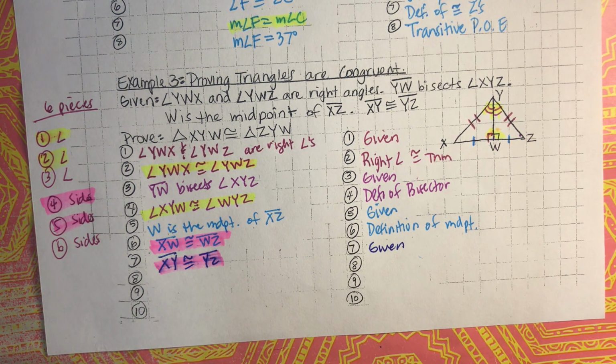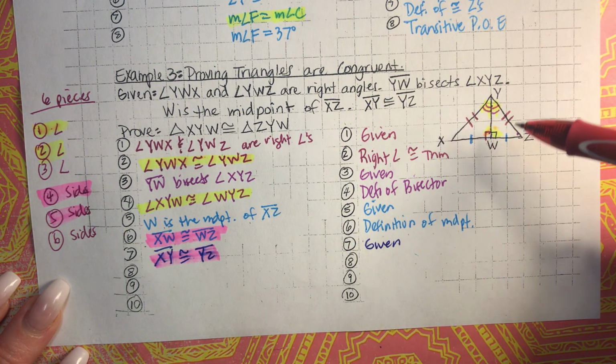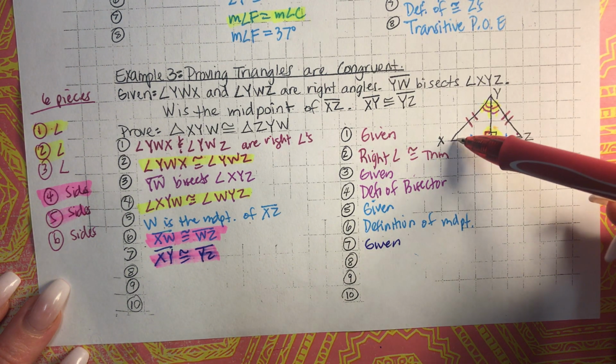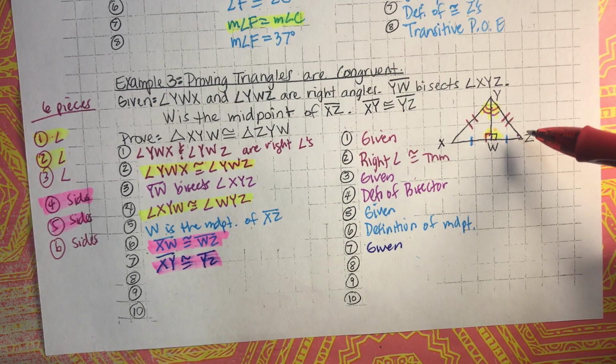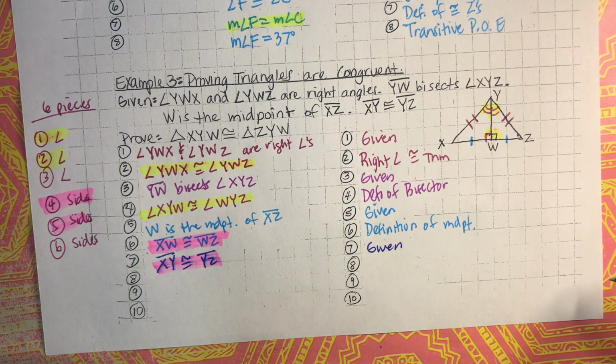Let's look at it here. What do we see? We need one more angle. Well, we know that these 2 angles are the same, and we know that those 2 angles are the same. We need these 2 angles to be the same. Do you know anything that we could say that would tell us that these 2 angles are the same?